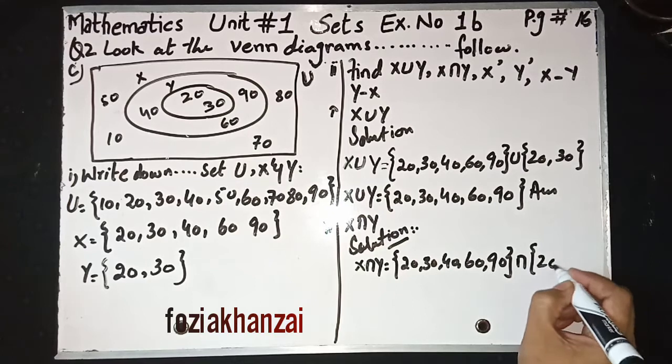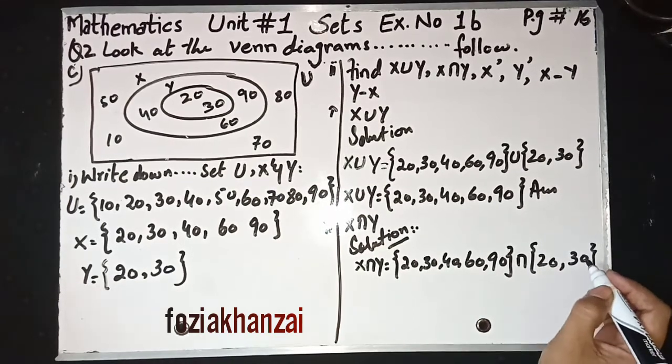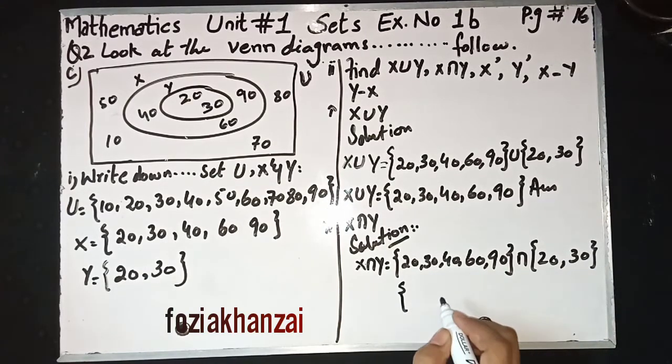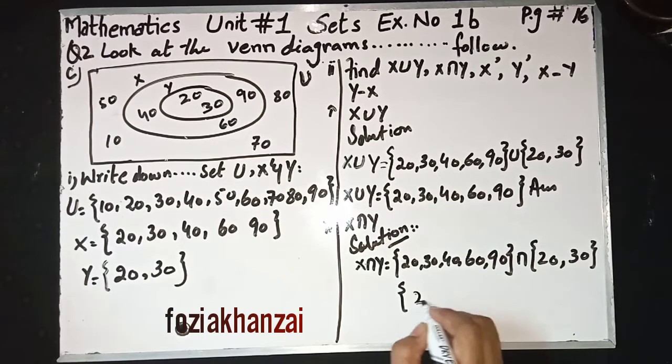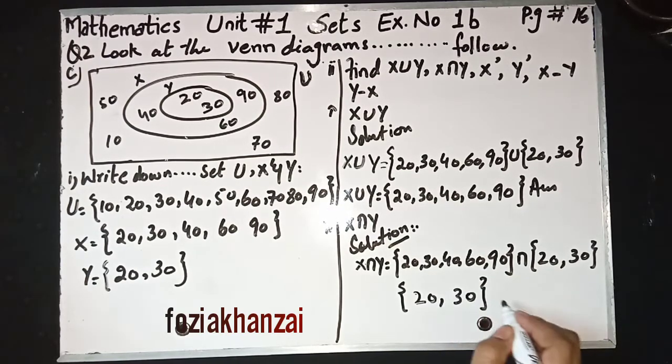Then copy elements of set Y: 20 and 30, bracket close. For intersection, we just write down the common elements between them. So 20, 30 are the common elements.